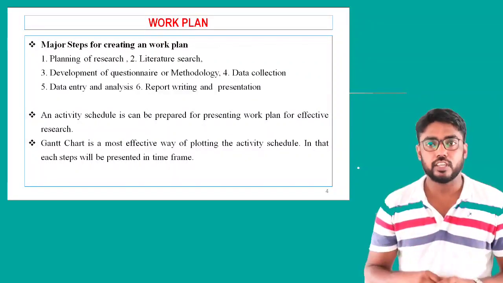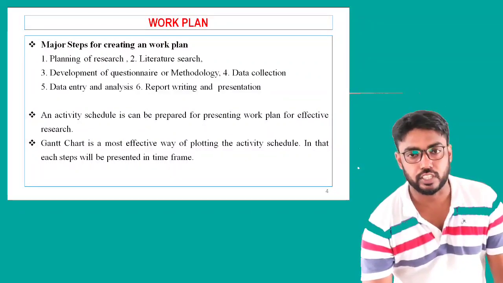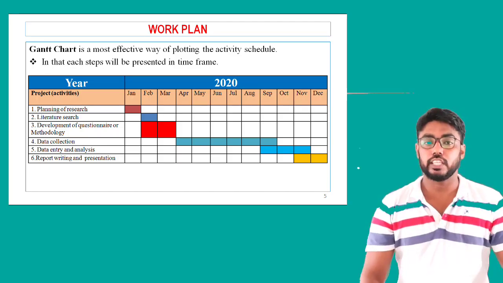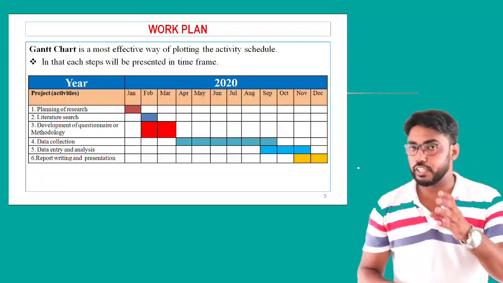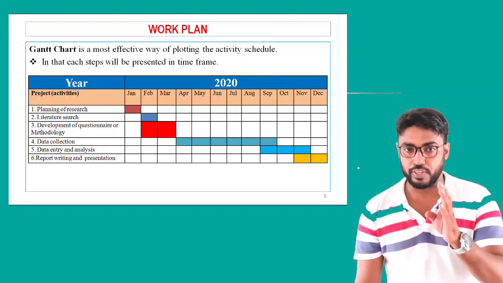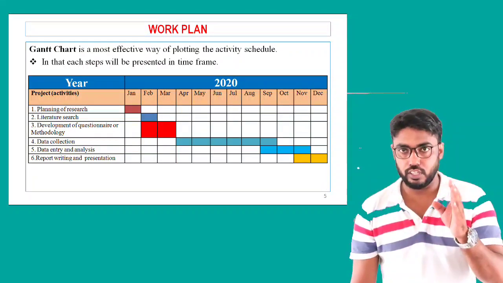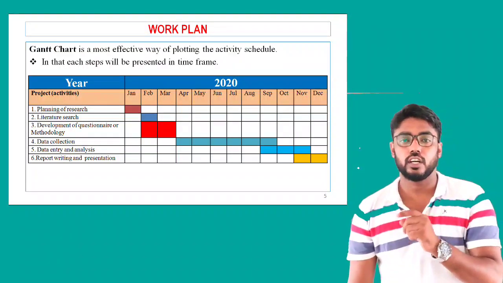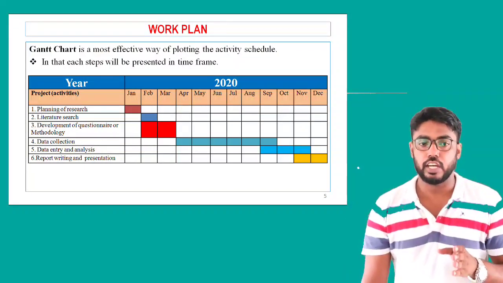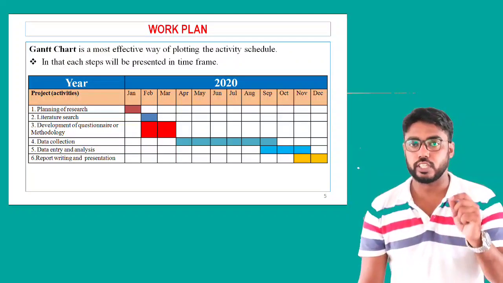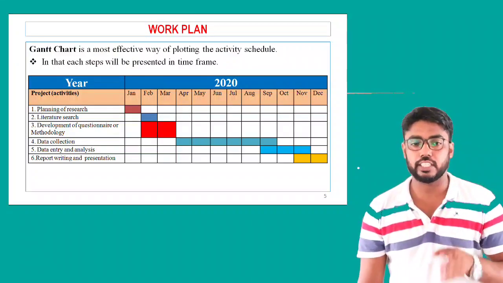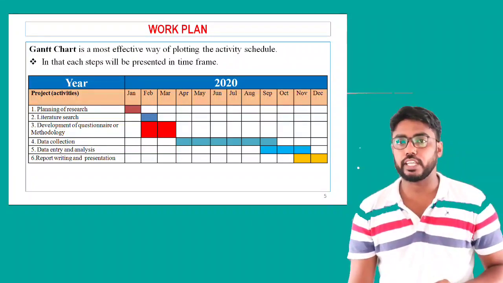Now we can see what the Gantt chart is. In a Gantt chart, first you define the project activities: plan research, literature research, questionnaire methodology, data collection, data entry and analysis, and report writing and presentation.